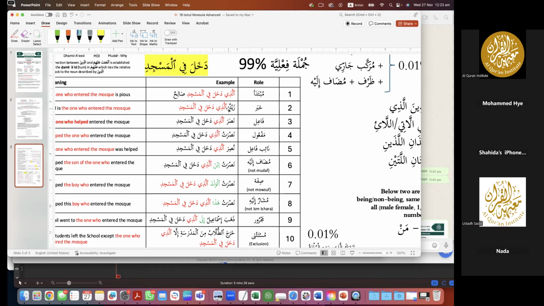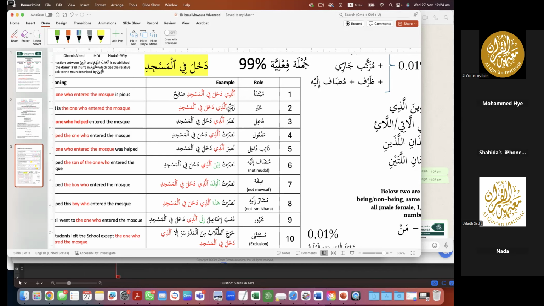This is the Jumlatul Mawsul chapter, and you already learned what goes inside it. Jumlatul Mawsul, which starts with Allazi, we are showing what different roles it can play. That nominal sentence rule we told you is everything. If you are weak on it, practice it once, twice, three times. You would love it. Zaidun is the one who went to the mosque.